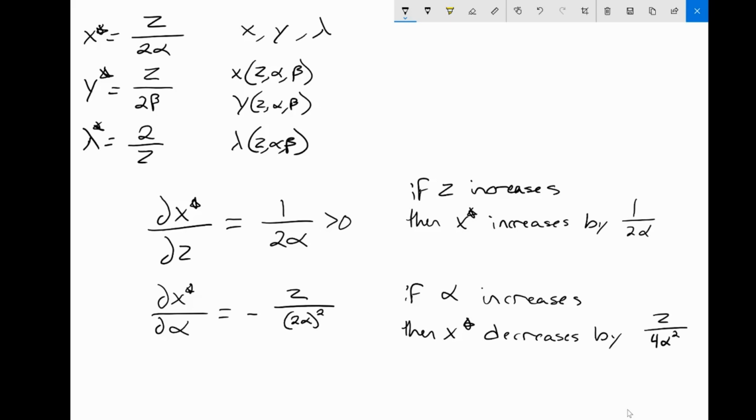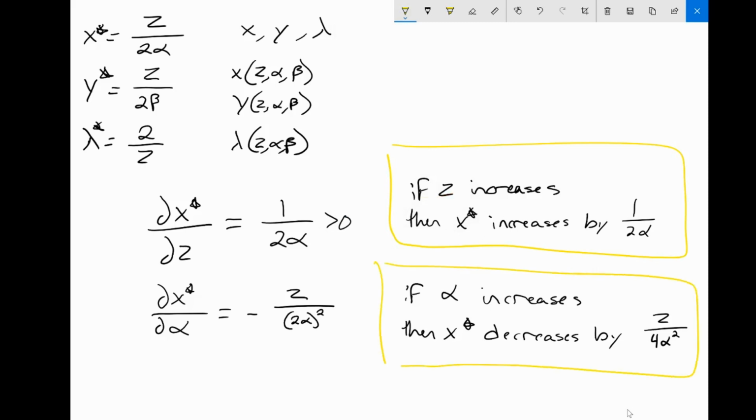All right, so this basically gives us an interpretation. It allows us to start to use this math in a way that can potentially tell us an interesting story. So if I wanted to know how does a change in z affect the optimal x, well, if z increases, x will increase by 1 over 2 alpha.